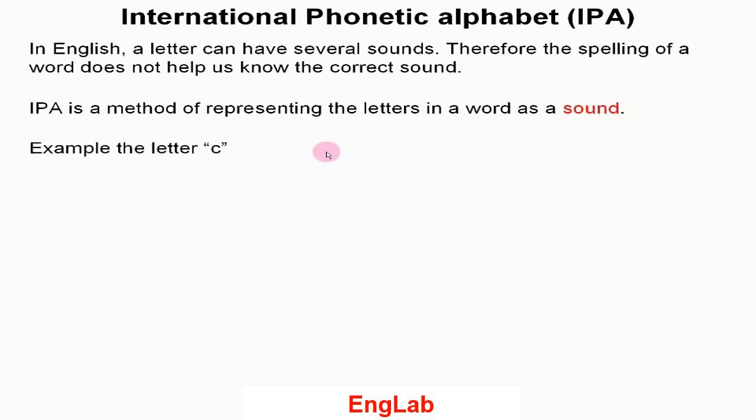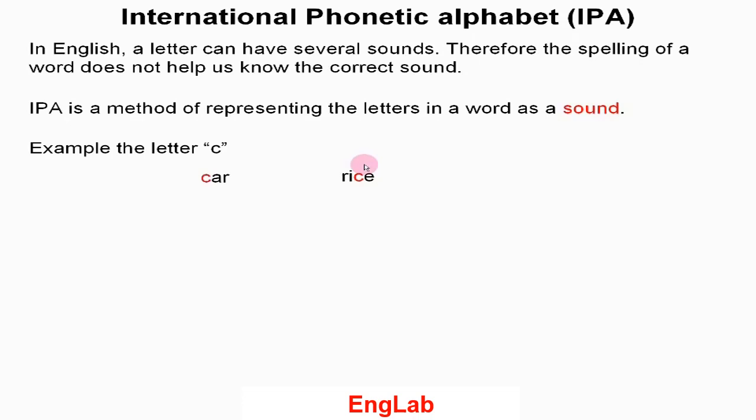For example, the letter C. When we write or read the letter C, for example, in car, it sounds like k, and another example, rice. Have you noticed they have the same letter, but the sound of the letter C is different in both words?